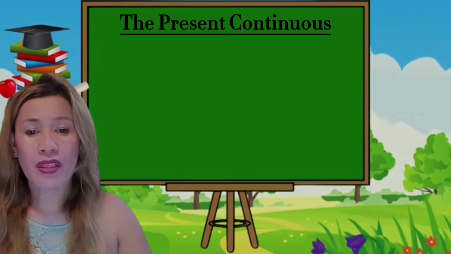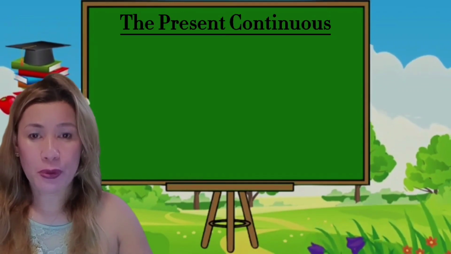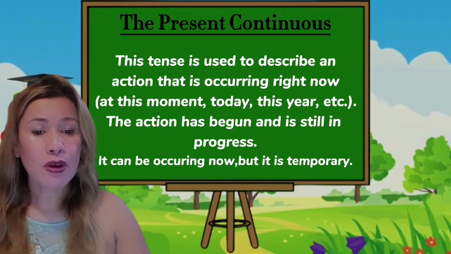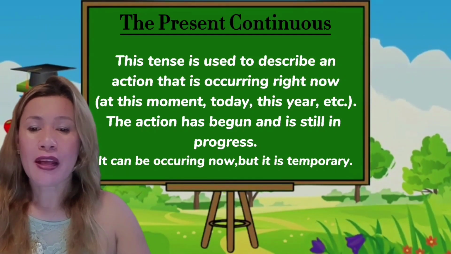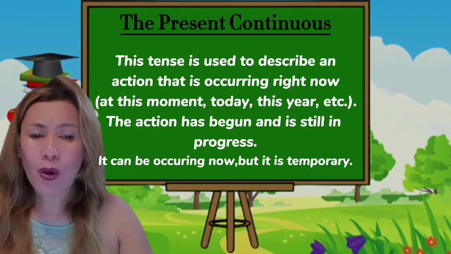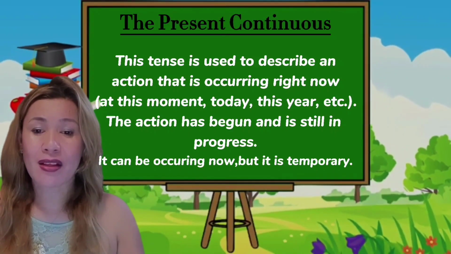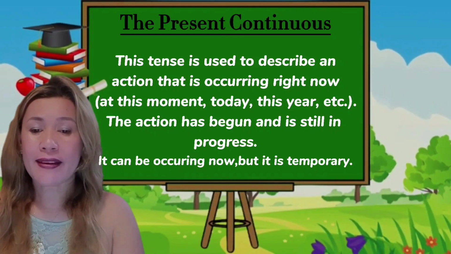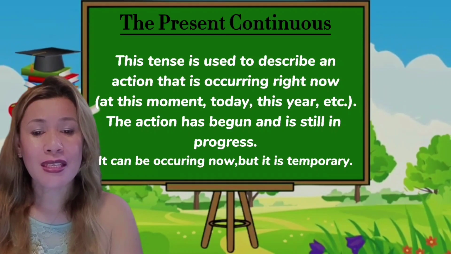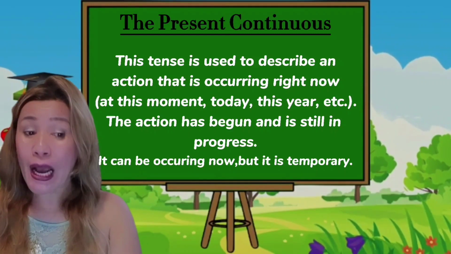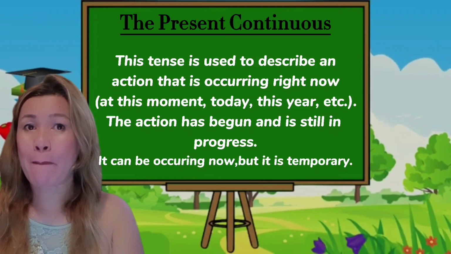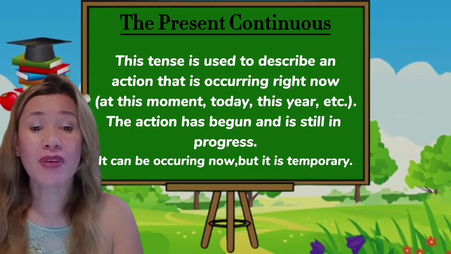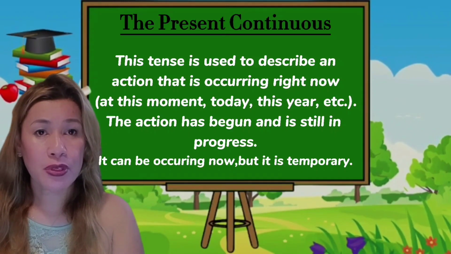Let me start with the present continuous. This present continuous is a tense used to describe an action that is occurring right now, at this moment, today, this year, etc. The action has begun and is still in progress, so it can be occurring now, but it is temporary. So that's the use, or that's the indication of present continuous.